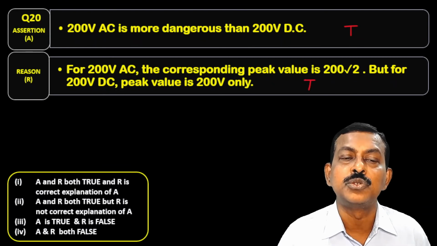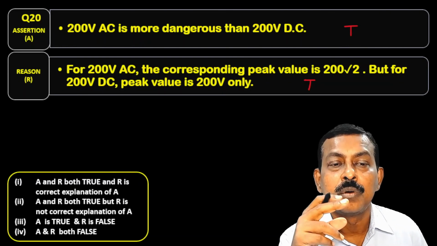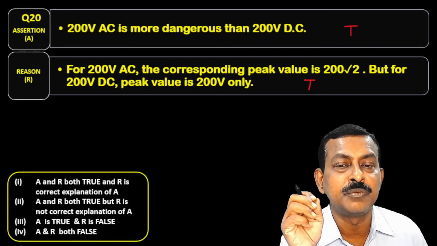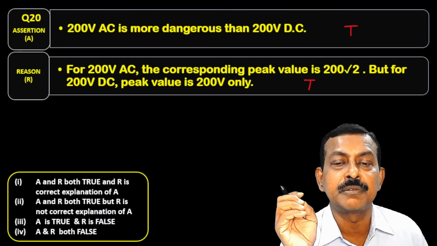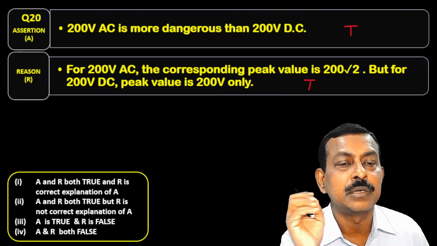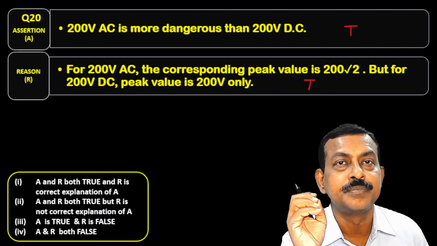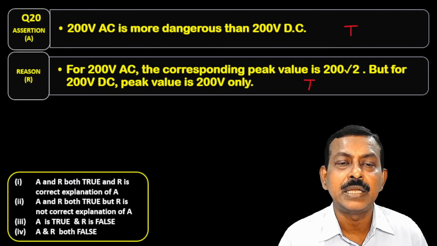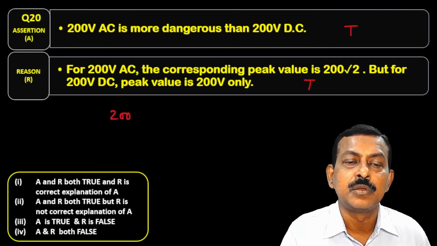This is also true. Now let's see the two statements together. 200 volt AC is more dangerous than 200 volt DC because for 200 volt AC, the corresponding peak value is 200 root 2, and for 200 volt DC, peak value is 200 volt only. So obviously this is explaining properly why it is more dangerous, because the peak value is 200 root 2.